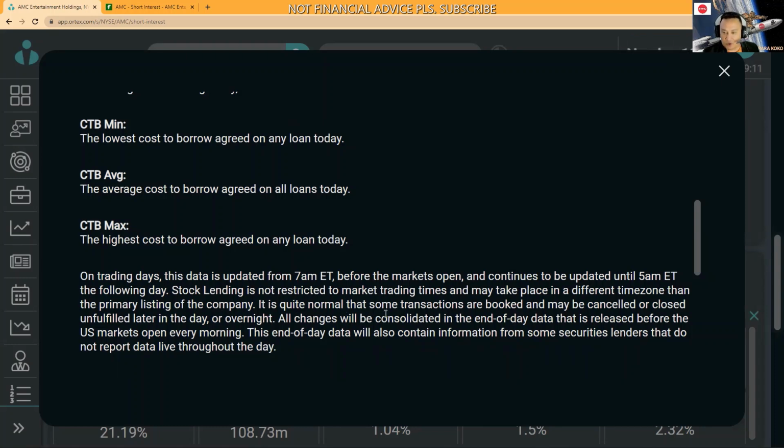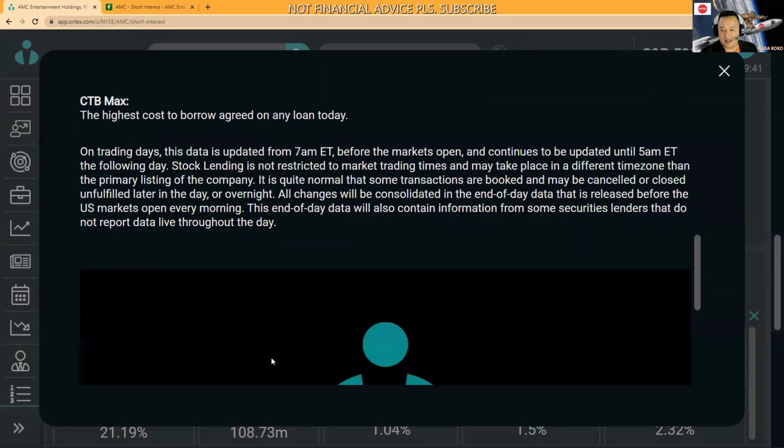It is quite normal that some transactions are booked and may be canceled or closed unfulfilled later in the day or overnight. All changes will be consolidated at the end of the day data that is released before the US markets open every morning. The end of day data will also contain information from some securities lenders that do not report data live throughout the day.